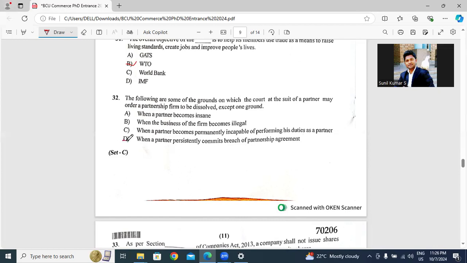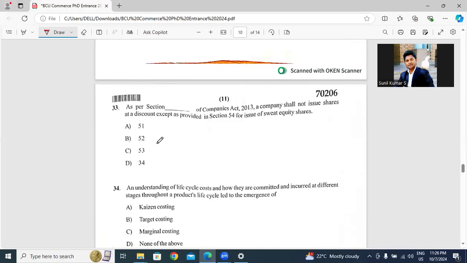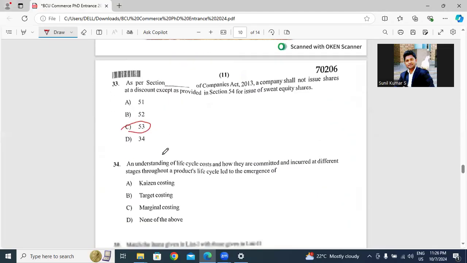Actually, the answer is this. Next one, as per section dash of Companies Act 2013, companies shall not issue shares at a discount except as provided in section 54 for issue of sweat equity shares. The answer is 53. So this is the exact one.